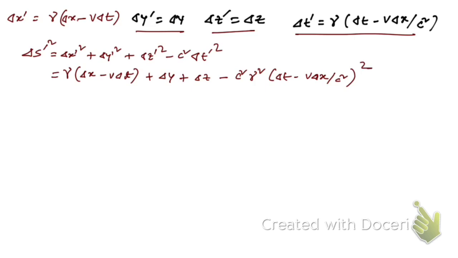That's what we're going to have, right? As we have del x dash square, there should be a square, and this should be gamma square.